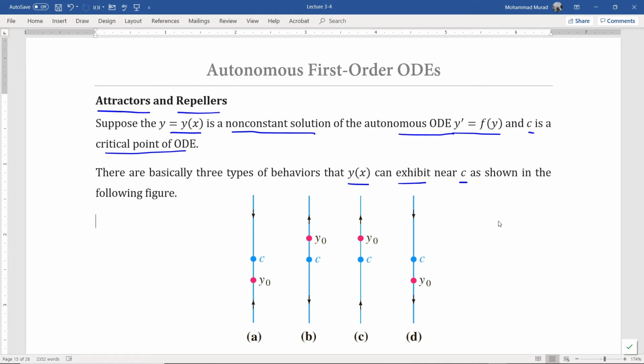When both arrowheads on either side of the dot labeled C point towards C, as in figure A, all solutions y equals y of x that start from an initial point x sub 0, y sub 0 sufficiently near C exhibit the asymptotic behavior.